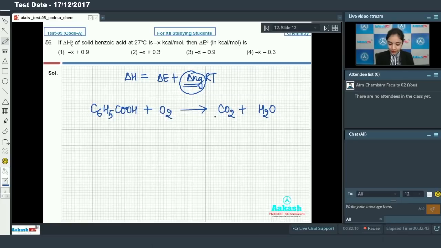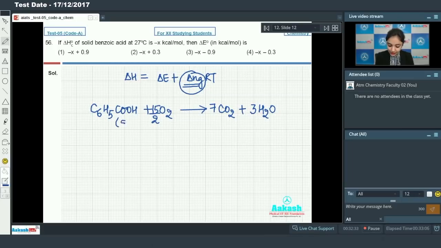Now balance the equation. First of all, we will balance the carbon atoms. Carbon here is equal to 7, and now the hydrogen atoms are 6, so it will be 3H2O, and now the oxygen atoms are 17. So 2 are already in the reactant, so here it will be 15 by 2.